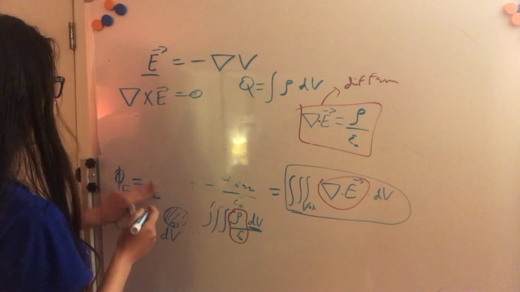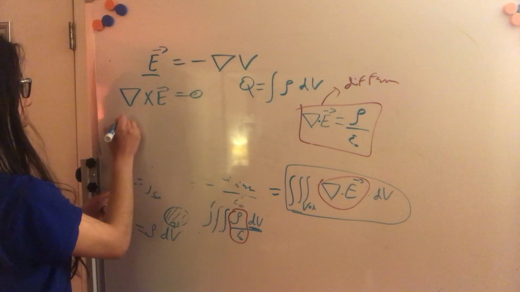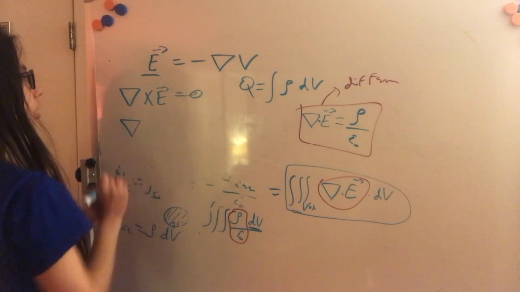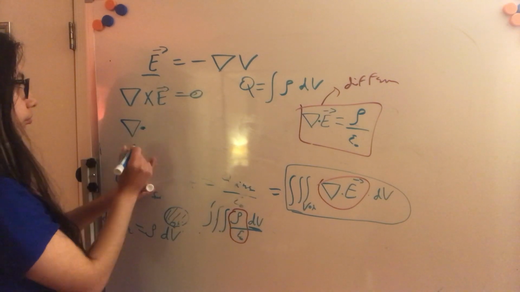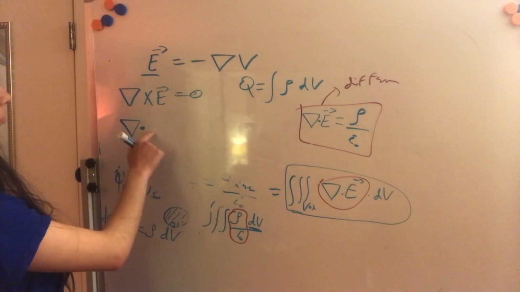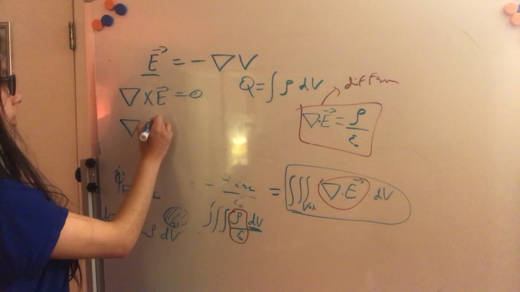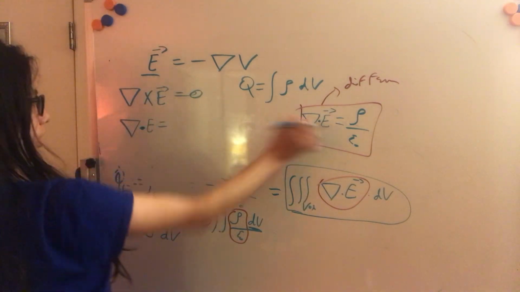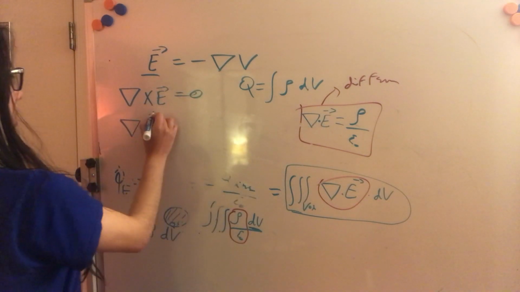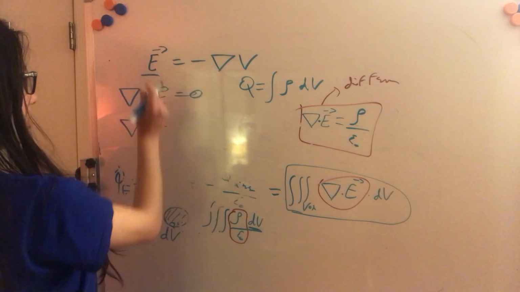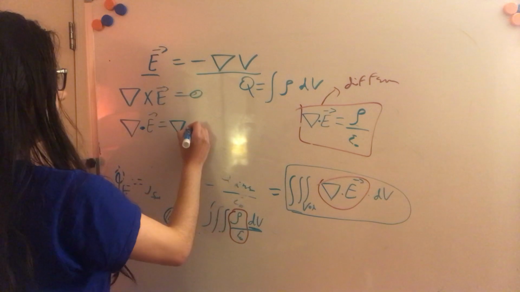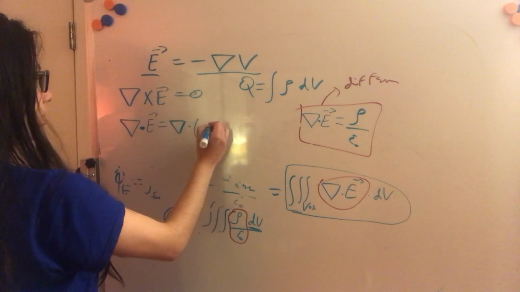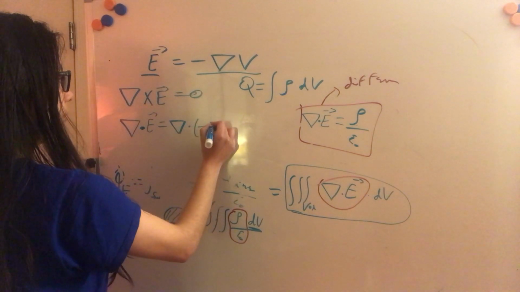So if now we want to take, let's say, the divergence of the electric field, that is here, we would say that this is the same as the divergence of this. This is the gradient of the voltage.